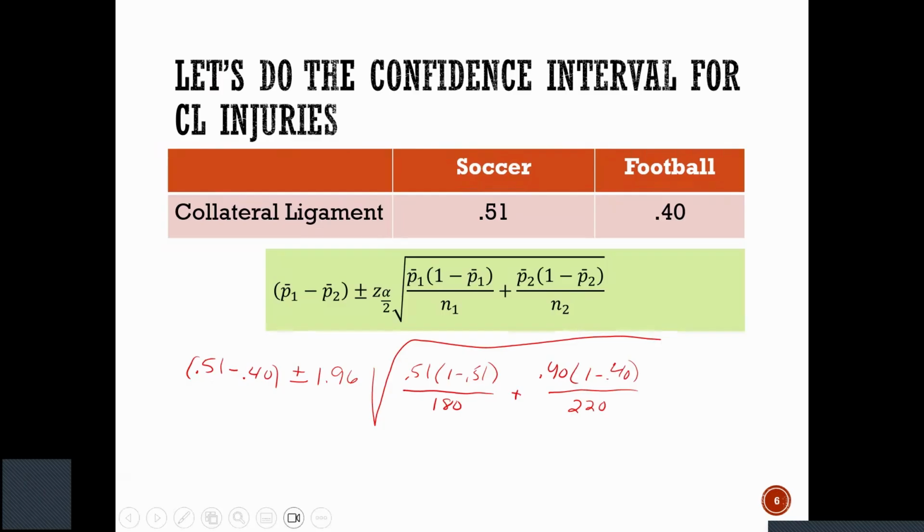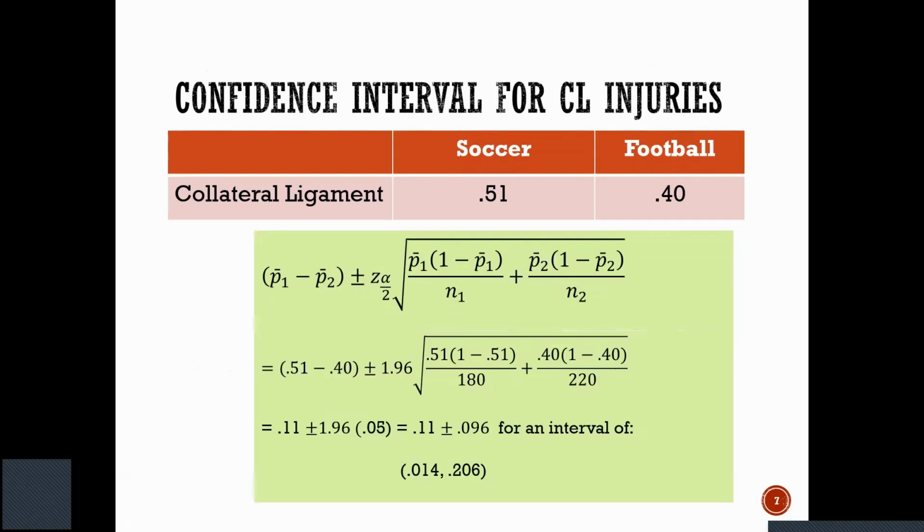That's how you set up that whole equation. Doing this on a calculator or in R or anywhere else, use a lot of parentheses to keep this straight, because you can get into a lot of trouble with all of this stuff under the radical if you're not careful.